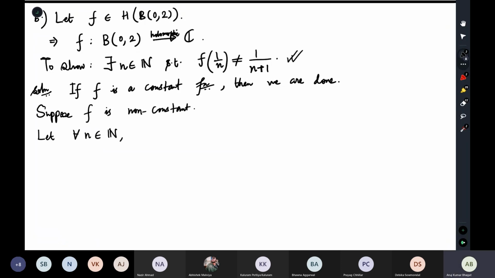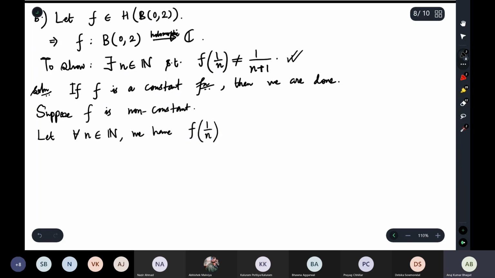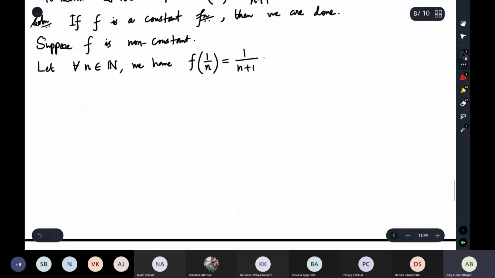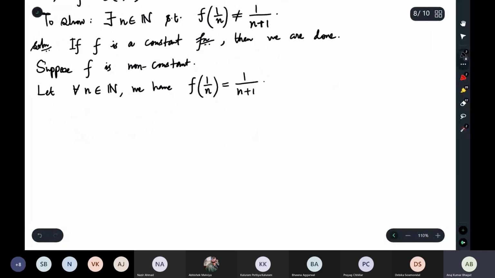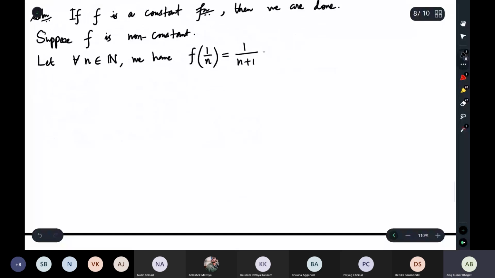What is the negation of this line? That for every natural number n, we have f(1/n) equals 1/(n+1). I'll show that if this happens, it will lead to a contradiction, and hence we are done. So I'm assuming that for every natural number n, f(1/n) is the same as 1/(n+1).